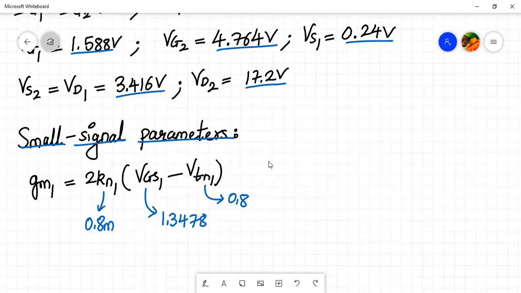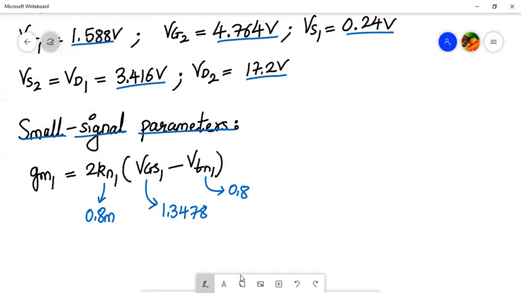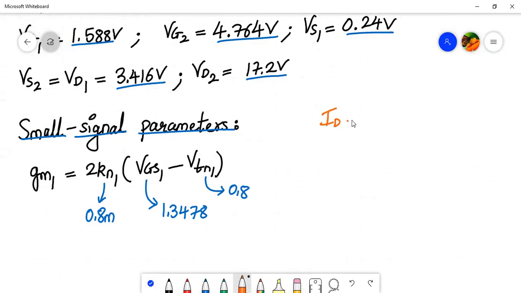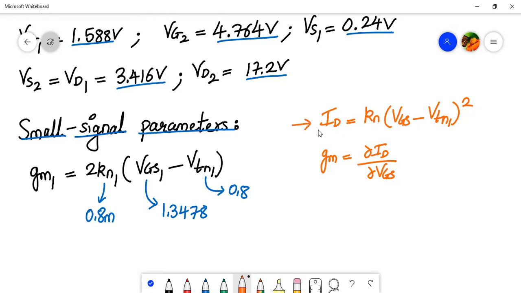How can we make sure our formula is correct? Let me show you a quick technique to check the formula. What is the drain current formula in case of MOSFET? Kn times VGS minus VTN, the whole square, right? If you want to calculate GM, it is delta ID upon delta VGS. So we have to differentiate this expression with respect to VGS. So what do we get?